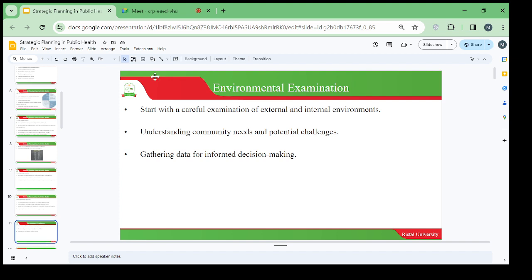Okay, so earlier on, we talked about situation analysis, where we basically looked at the fact that you really need to assess your environment, where you're operating from.